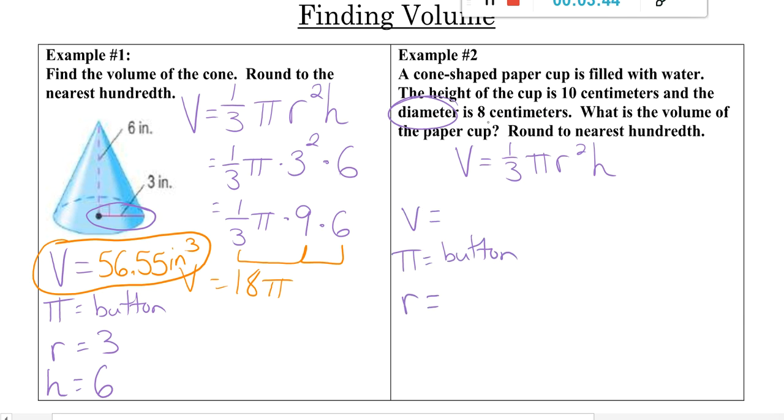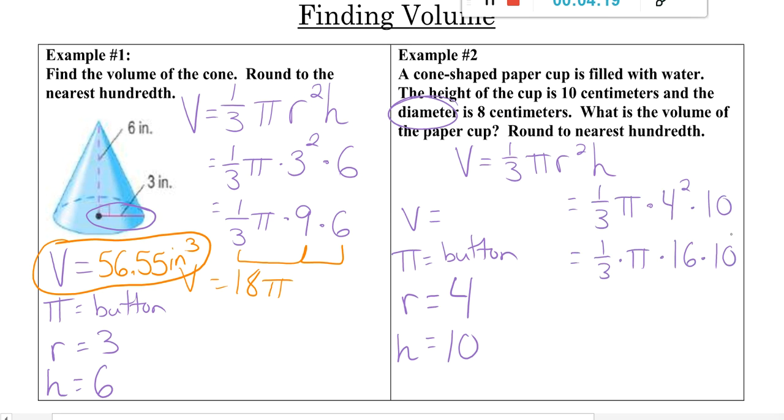My radius, again, remember the diameter is twice the radius, so if I cut the diameter in half, that will give me the radius. So my radius is 4 centimeters, and then my height is 10 centimeters for this cup. So if I plug that in, I get 1/3 times pi times 4 squared times 10. So 1/3 times pi times 16 times 10. And again, I'm going to multiply 1/3 times 16 times 10.